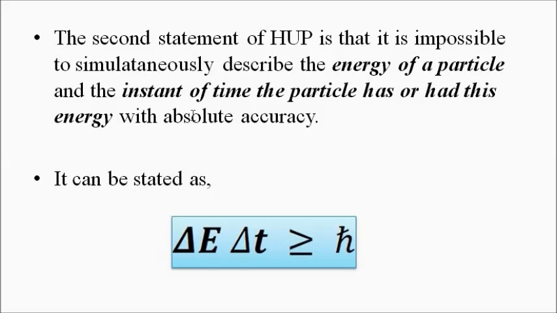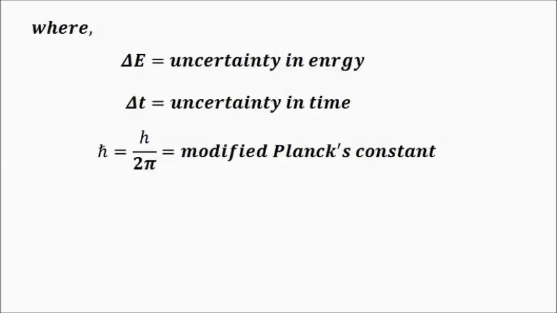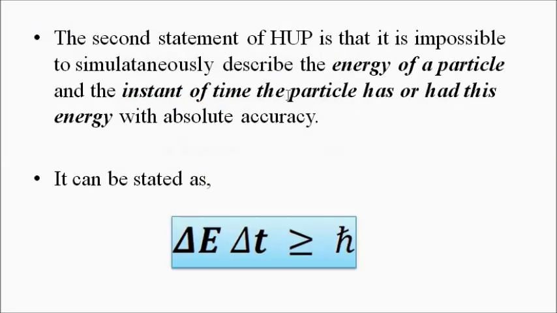Okay, so this is again stated in the same way as the previous one: delta E delta T greater than or equal to the modified Planck's constant. So here delta E is the uncertainty in energy and delta T is the uncertainty in time, and this is the modified Planck's constant. Okay, so this is the second statement of the Heisenberg uncertainty principle.